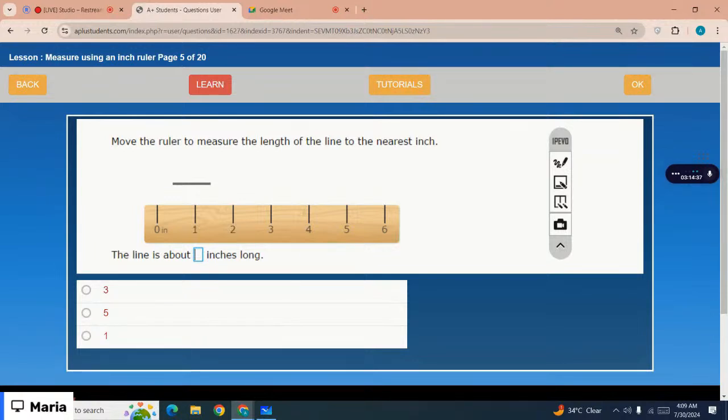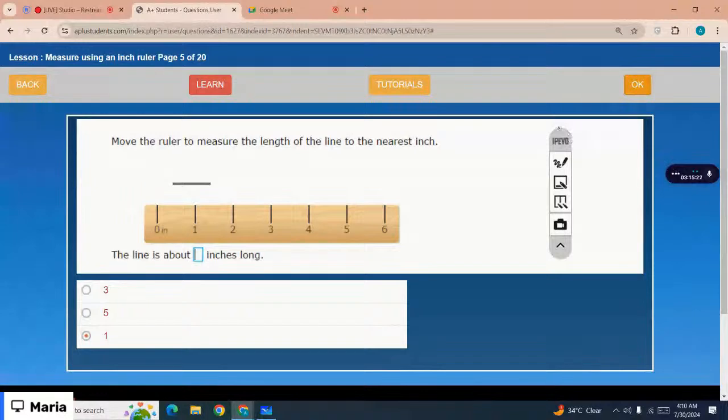So, which is the correct option? Yes, 1 inch. It is option number 2.